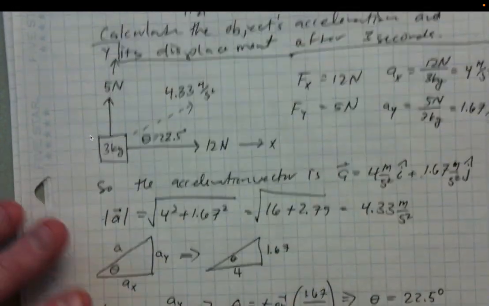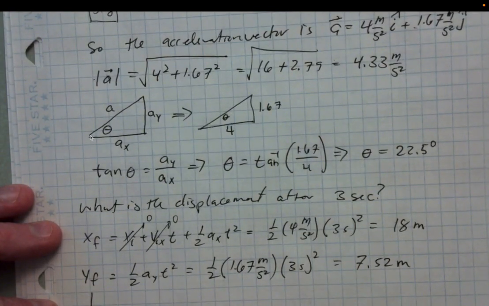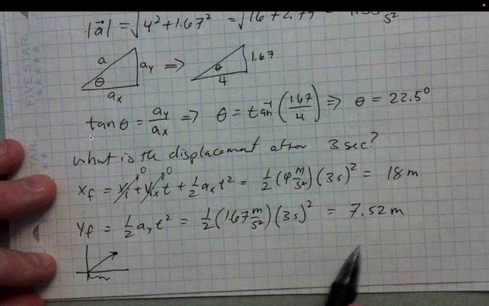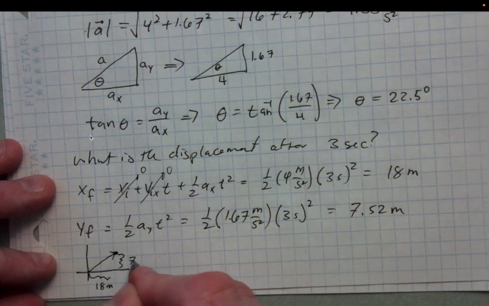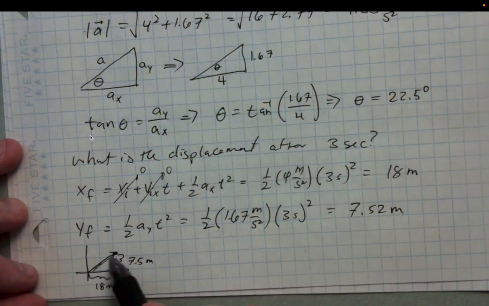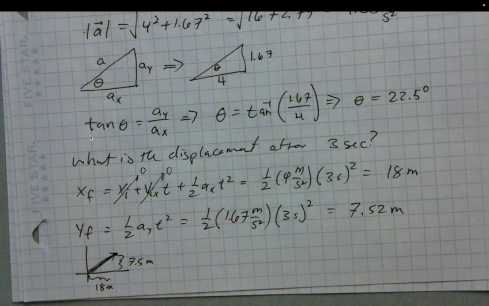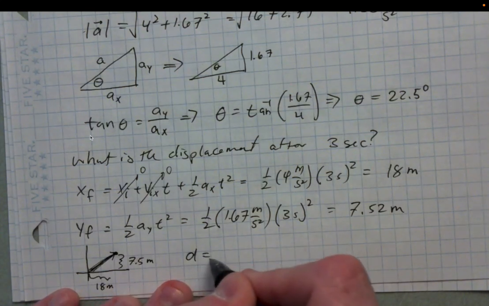And so what that means is the object starts at the origin, and really what it's doing is going about 18 meters in this direction, about 7.5 meters in this direction. So what we want to know is the distance altogether here, which is just the displacement.